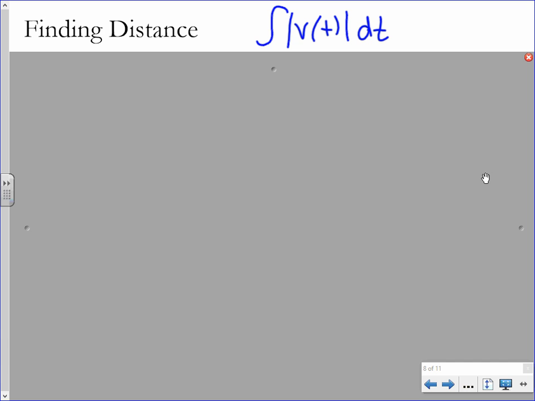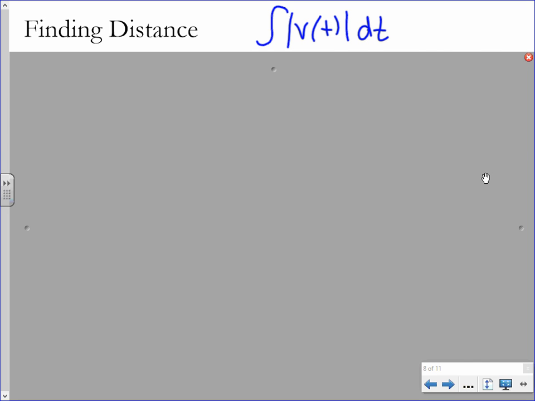Okay. So Isaac said we would need to find where the velocity is zero. Why would that be important? Why would the velocity being zero be important for this? When you look from the left and the right to see what's positive and what's negative.